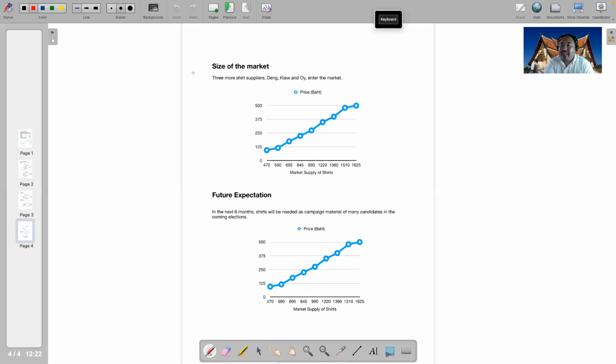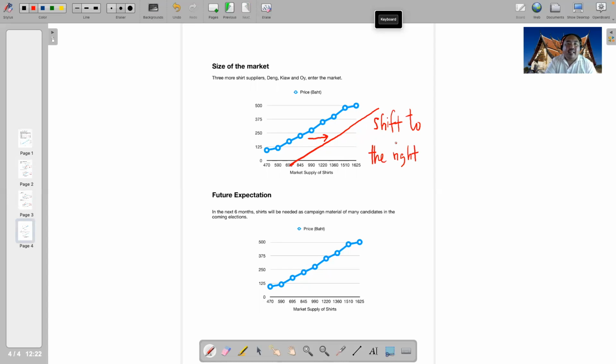Because there are more suppliers, our market will be flooded with shirts, simply because there are more making shirts. The opposite also may happen, supposing one of the original shirt makers decided to stop making shirts. Because the market becomes smaller, the supply of shirts will also shift to the left.